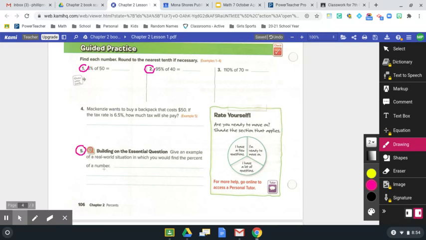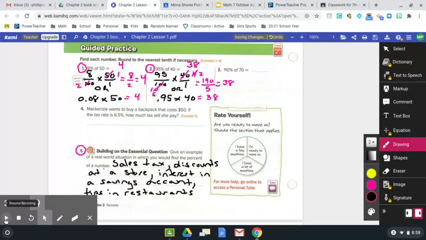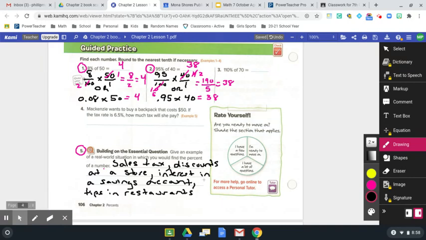So try those. You're going to pause the video like we've done in the past, and then we'll come back and you can check your answers. Okay, I think I might have circled number 3 when I told you what problems to do. I apologize. I meant 1 and 2, so I hope you caught that. 1 and 2, and then 5.